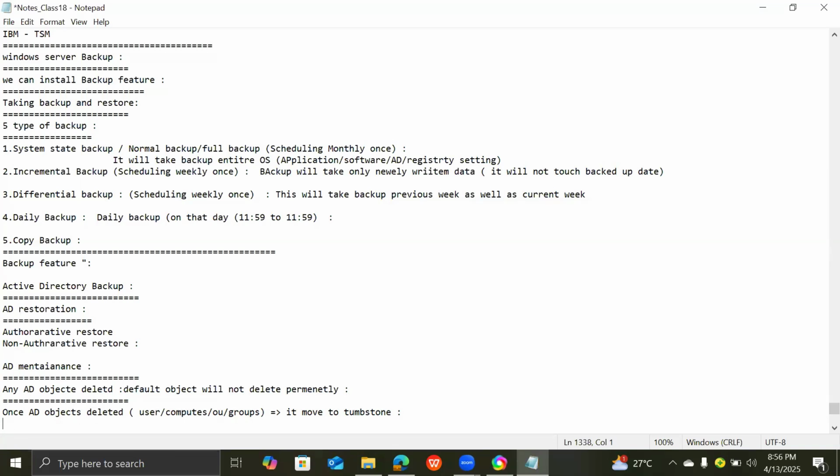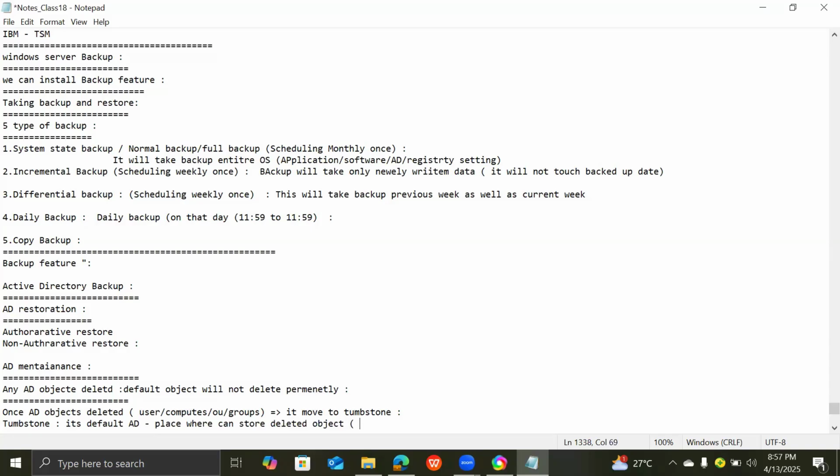The tombstone is a default Active Directory place where it can store deleted objects.